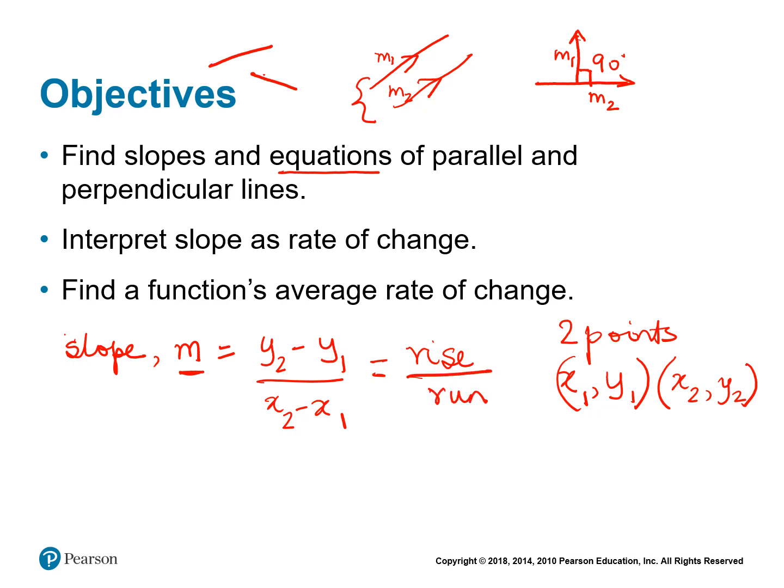In the coordinate system, we have the x-axis and the y-axis. The x-axis is horizontal, where we move horizontally along the x-axis, correct? And on the y-axis, we move vertically up or down. Along the y-axis, we move vertically up or down, and along the x-axis, we move horizontally right or left.